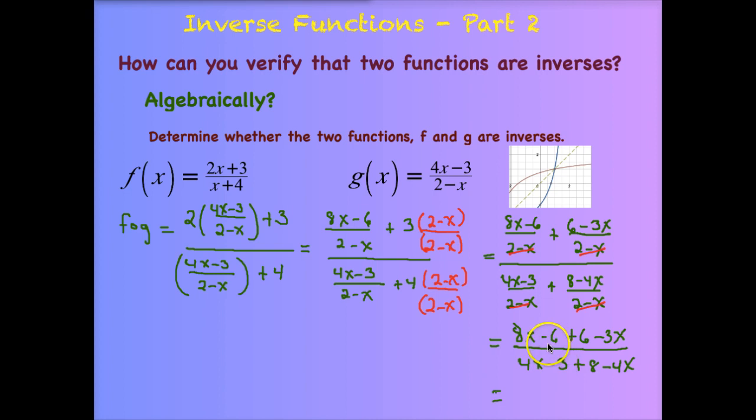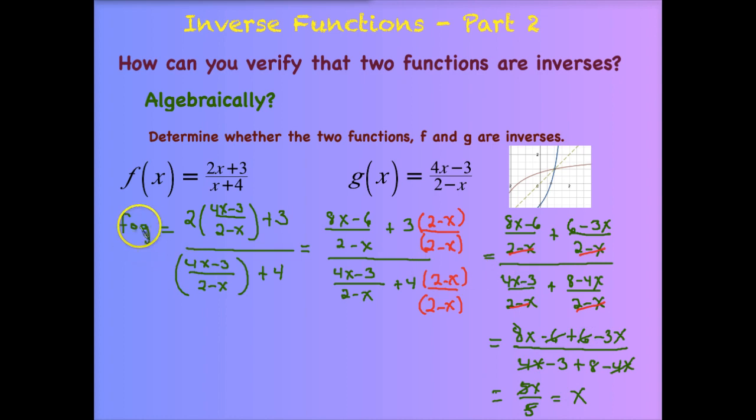When we go to simplify, we can see that the negative 6 and the positive 6 cancel, so we have 8x minus 3x, which is just 5x. And then in our denominator, our 4x and our other 4x cancel. Negative 3 plus 8 is just 5, and the 5's simplify to 1, and we end up getting x.